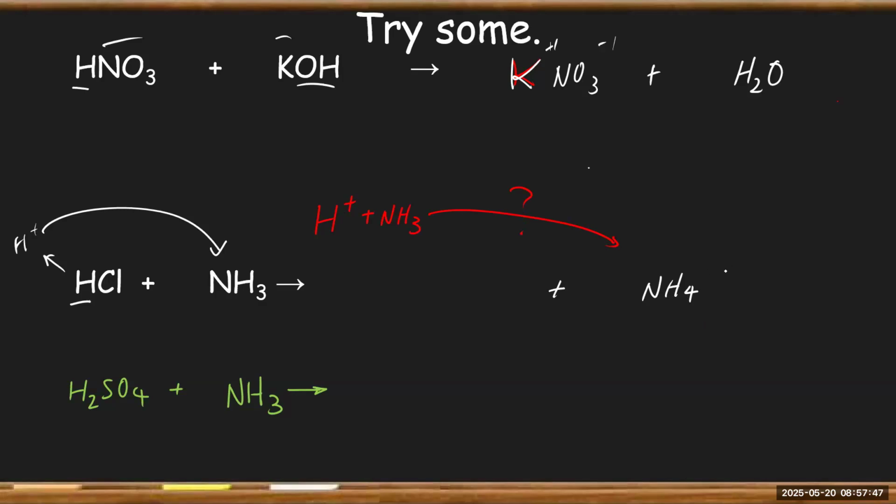Do you see a charge? Yes or no? So that's 0. What's the charge here? Do you see a charge? No. So therefore, what is it? So what's the total charge on this side? +1, 0. Are you okay with it?